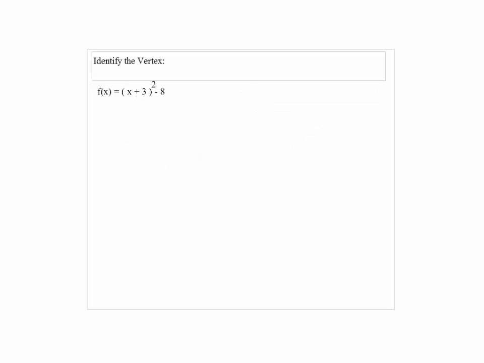Identify the vertex. f of x equals x plus 3 squared minus 8. We have a function in general form, which is f of x equals x plus h squared plus k, where negative h, k is the vertex.